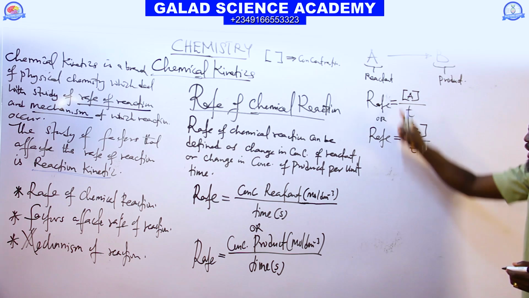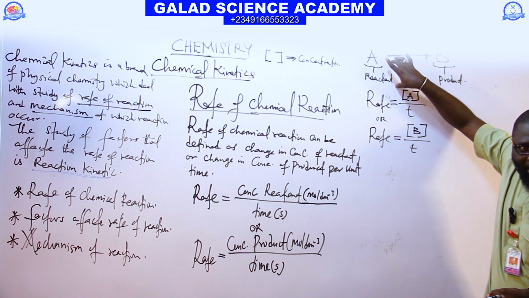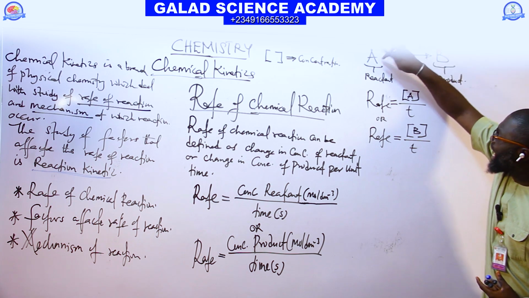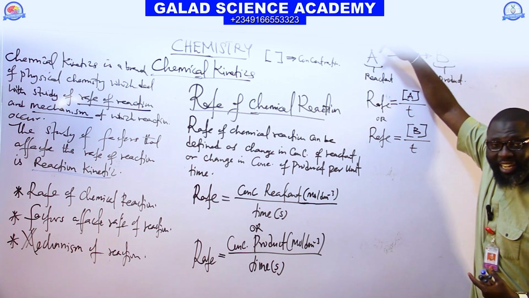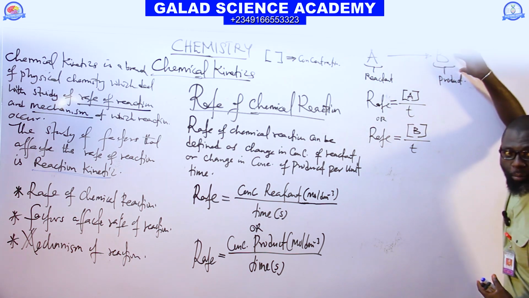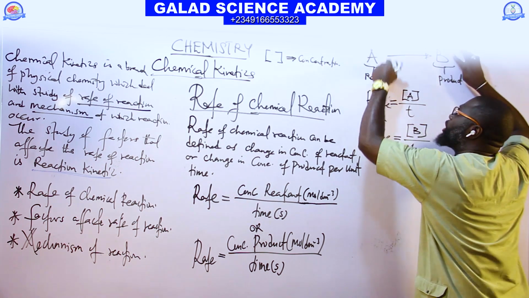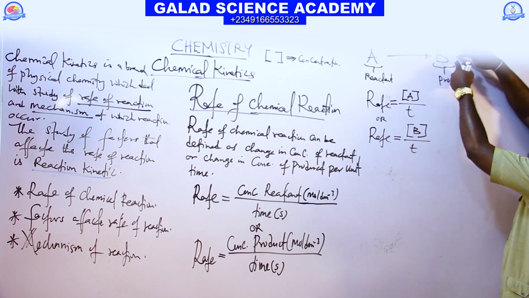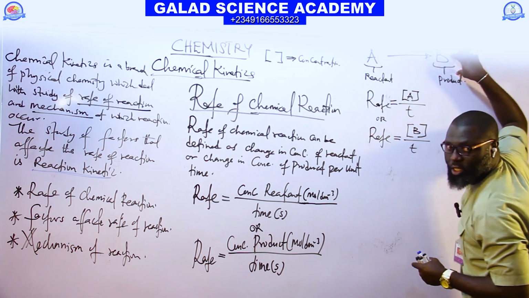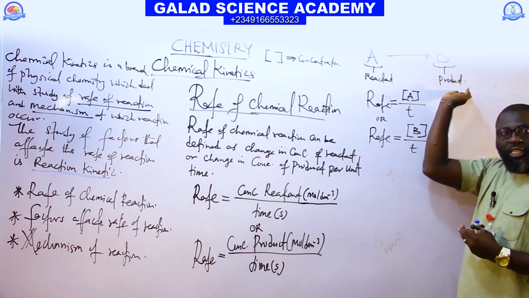And this equation is not complete. You will observe that as the reaction begins, the reactant, the particle A, will disappear to form B. This A will be depreciating in order to form B, and when A is disappearing, B will be appreciating.